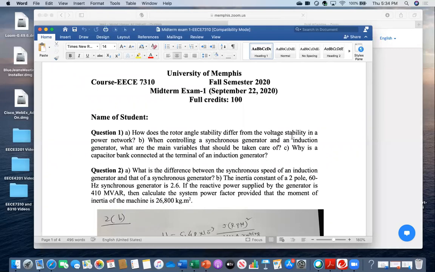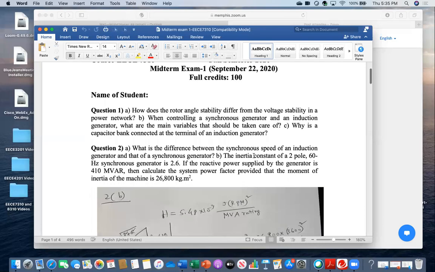So the main dominating factor is the voltage. Rotor angle means you have to look at the speed or frequency and the rotor angle. That is the difference. I hope both of you have written it properly.